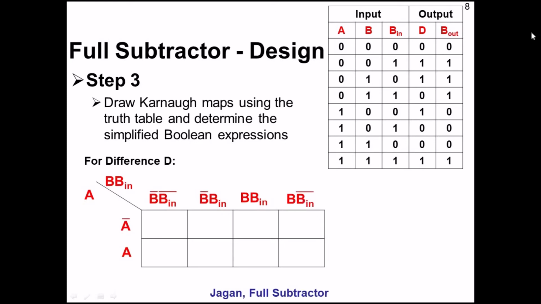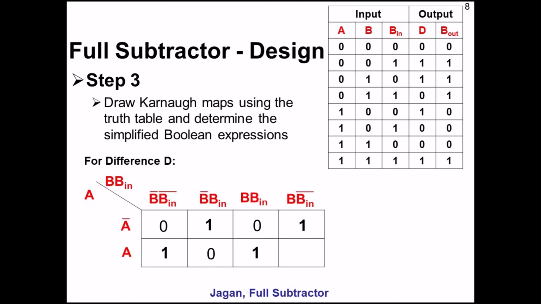I will just look into the column D, where for all 0 I'll put 0, then for 0, 0, 1, I have 1, then for 0, 1, 1, I have 0, then for 0, 1, 0, I have 1. Then for 1, 0, 0, I have 1, then for 1, 0, 1, I have 0, then for 1, 1, 1, I have 1, then for 1, 1, 0, I have 0.